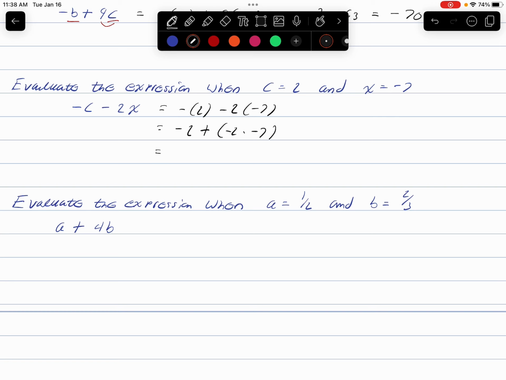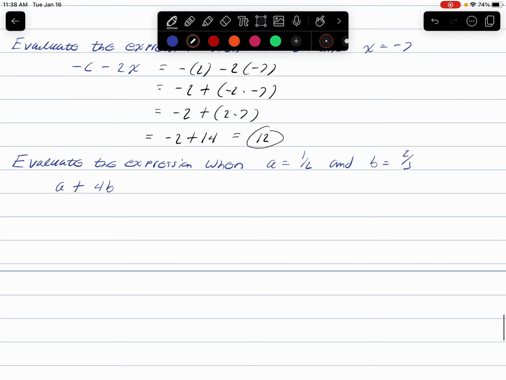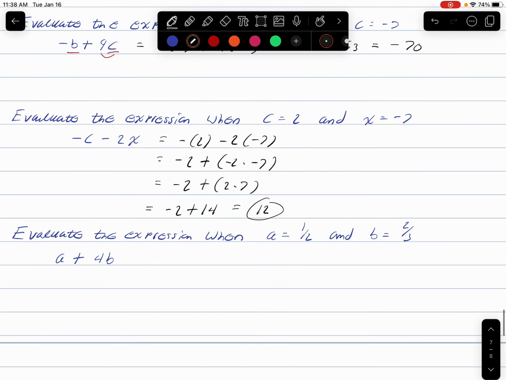So this is really -2 plus 2 times 7. And again, we can get rid of those negatives because if you multiply two negative numbers together, it becomes positive. So this really becomes -2 plus 14, which is going to give us 12. Okay.